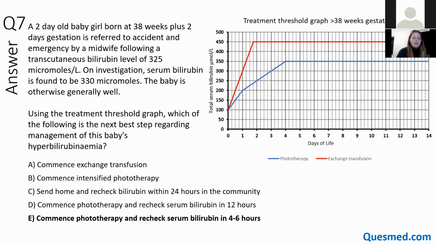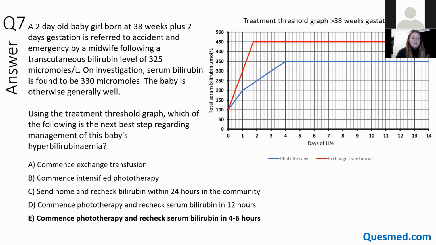Just to briefly touch on them. If you look at the graph, you want to check it's the right gestation, which it is. It's over 38 weeks gestation. If you look at day 2 of life, look at 330, you're in between: you're above the phototherapy line but below the exchange transfusion line, so you're going to want to give them phototherapy.